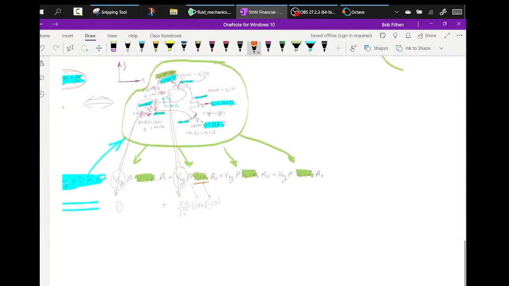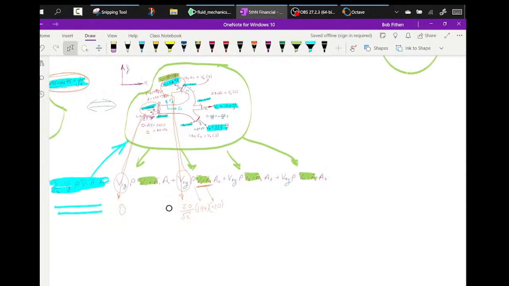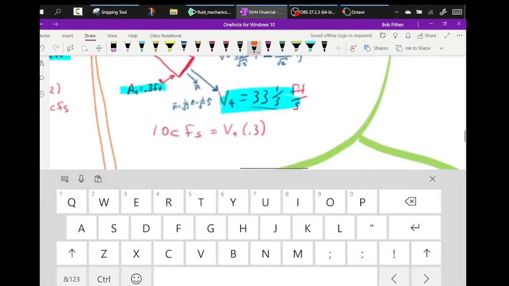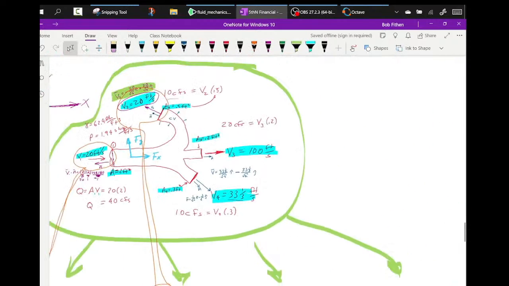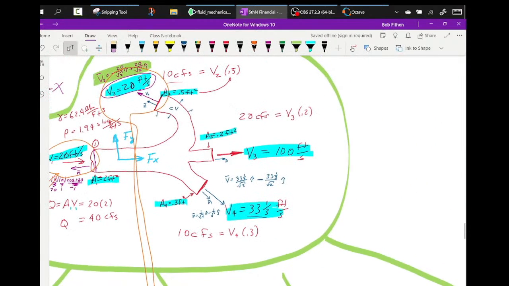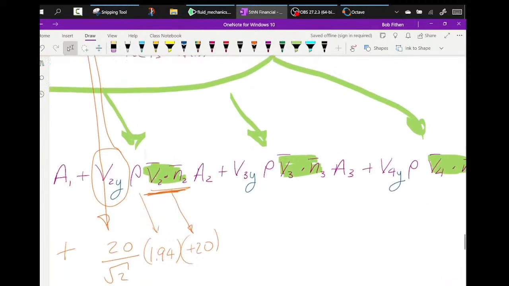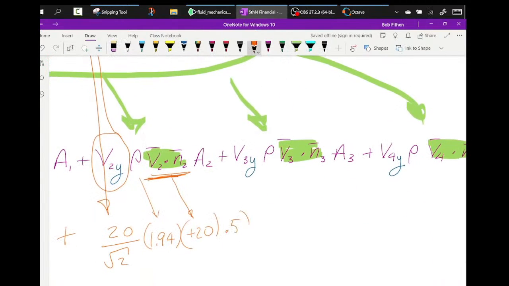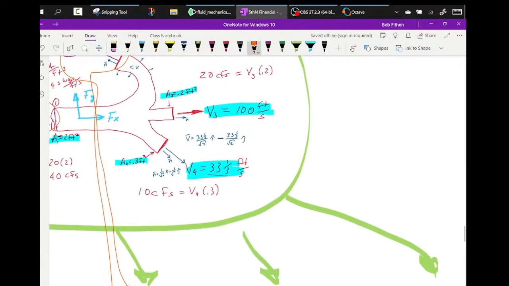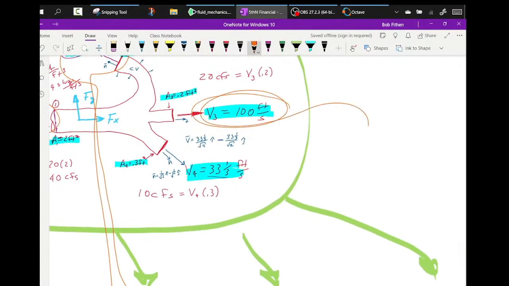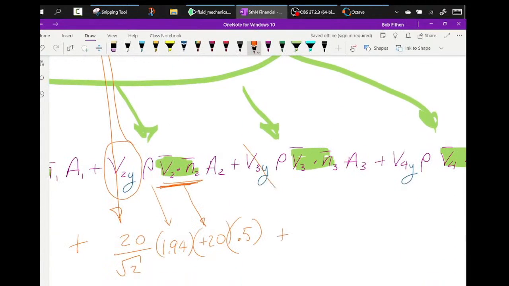A2, I forgot. Looks like it's 0.5. I'm having trouble. Wish this thing would act a little better, a little smoother would be nice. 0.5. The y component of V3. There is no y component of V3. Therefore, that gives you 0.